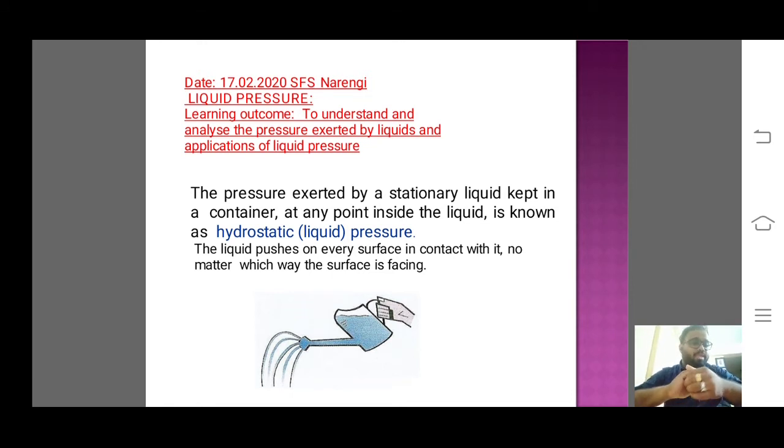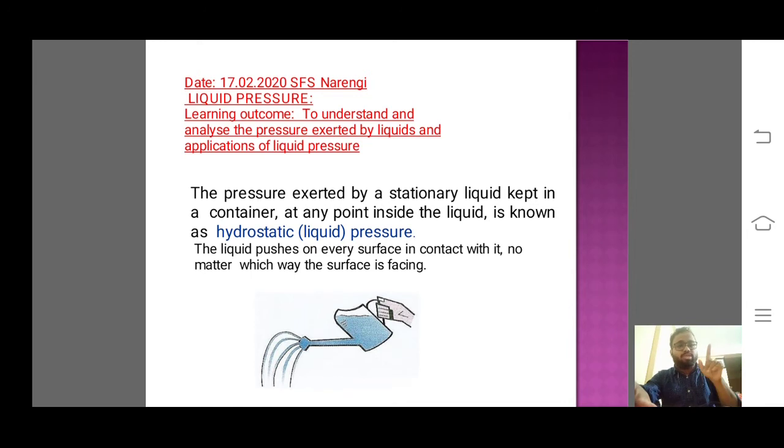The pressure exerted by a stationary liquid means any liquid which is kept in a particular container. Now suppose I bring a water bottle and there is liquid in it, that exerts pressure. The pressure exerted by stationary liquid kept in a container at any point is known as liquid pressure, or hydrostatic pressure.